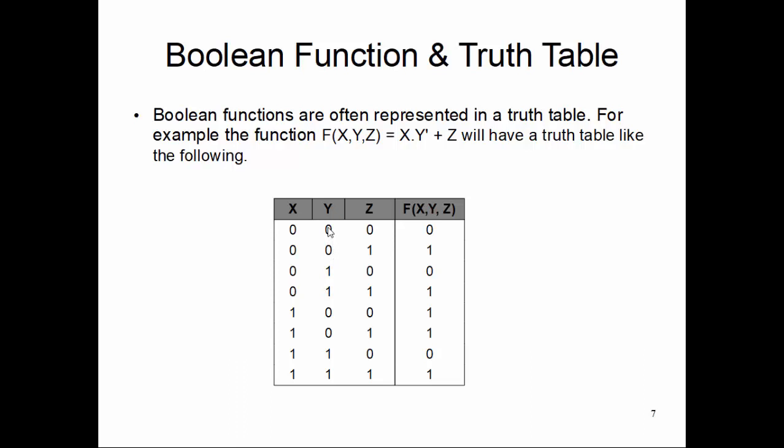If there are n such variables, we have 2 to the power n rows. So in this example, we have three variables, so we have 2 to the power 3, 8 rows, and we write down all the unique bit patterns in that table, and then the rightmost column has the outcome of that function for that specific combination of Boolean values of the related variables.